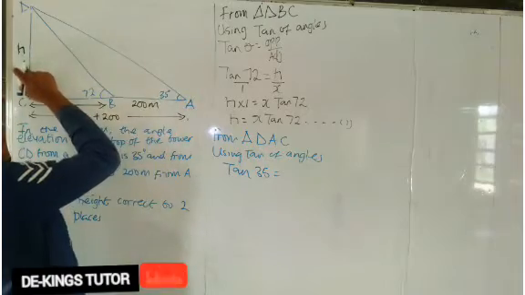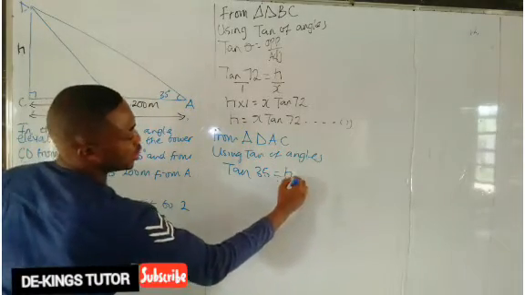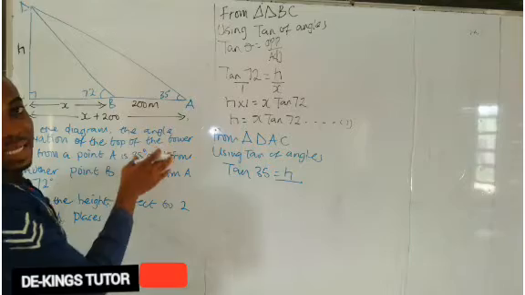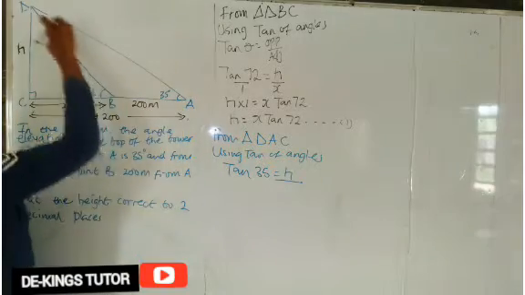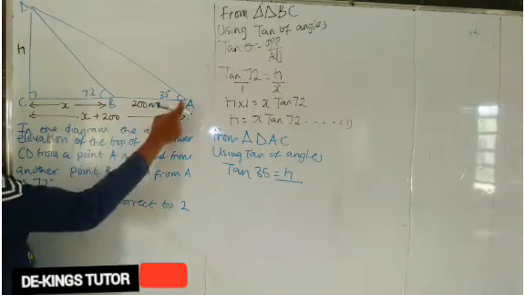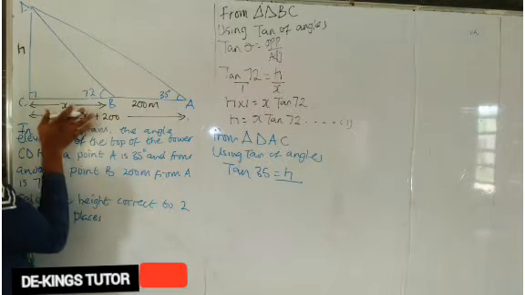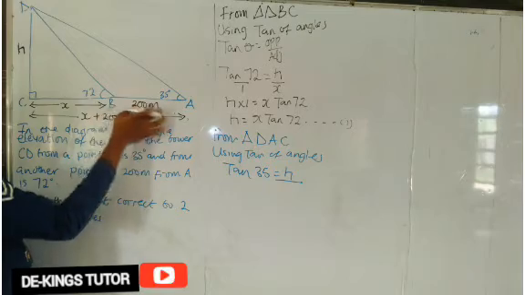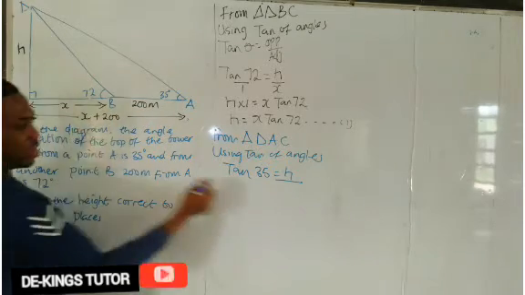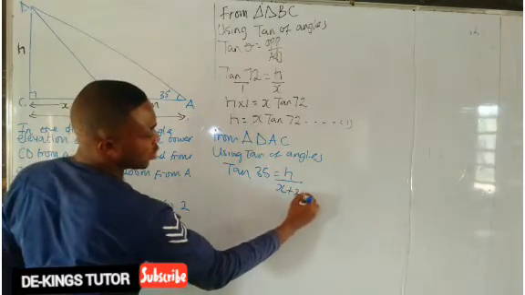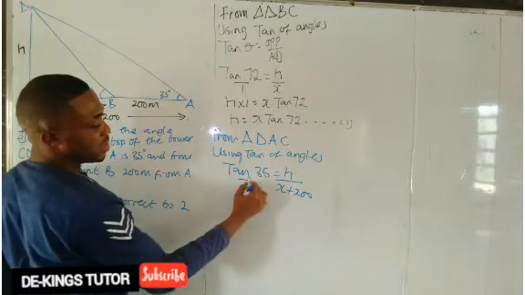What is the opposite? Still our H. What's the adjacent? Now notice the adjacent is from here to here, which is the combination of this part and this part. We are given here, but we are not given here. So it is the addition of these two, which is x plus 200. Remember this is the same thing as number 1.